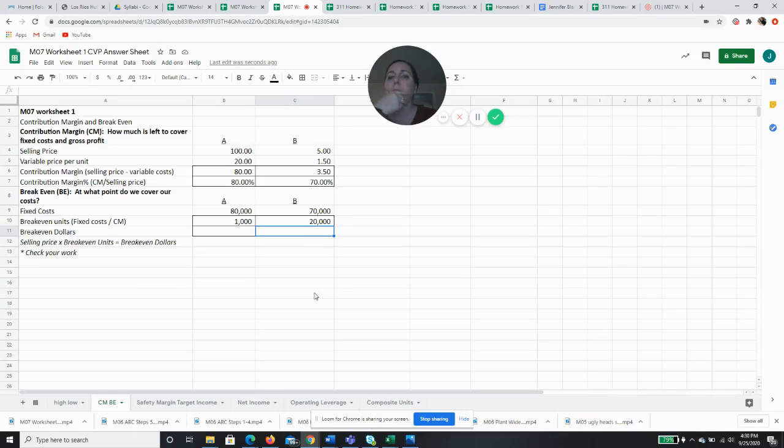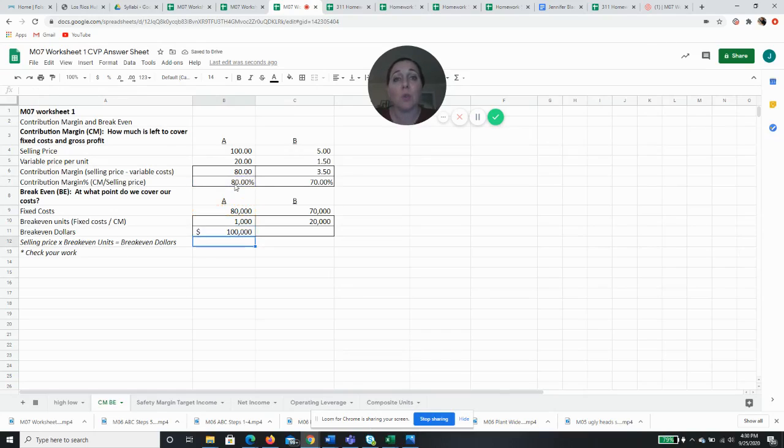All right. What if we don't want to do this in units, we want to do it in dollars? There's two different ways we can do that, but I'm going to start with the first way: we can take our fixed cost and divide by the contribution margin percentage. So if I divide our fixed cost of $80,000 for product A by our contribution margin percentage of 80%, I get $100,000.